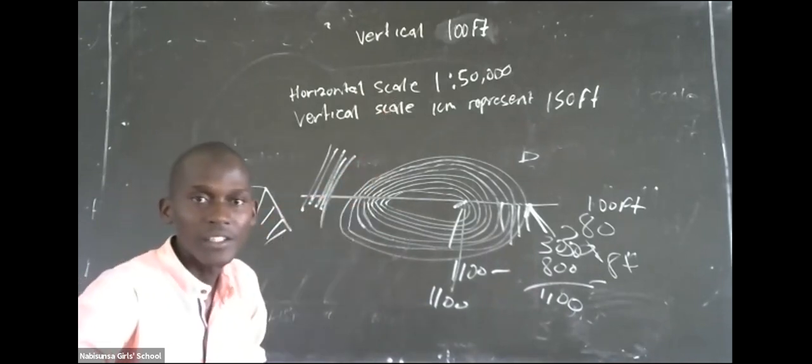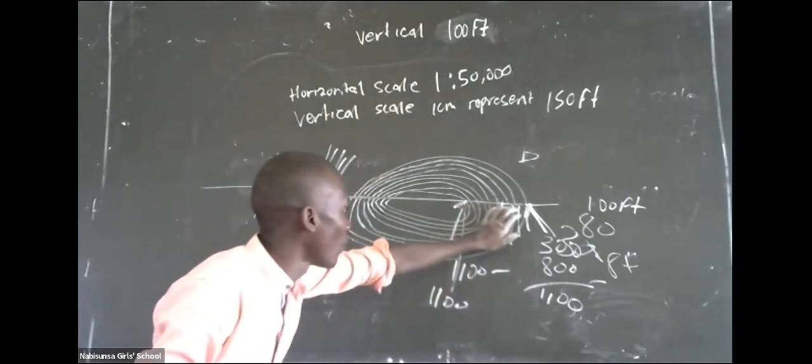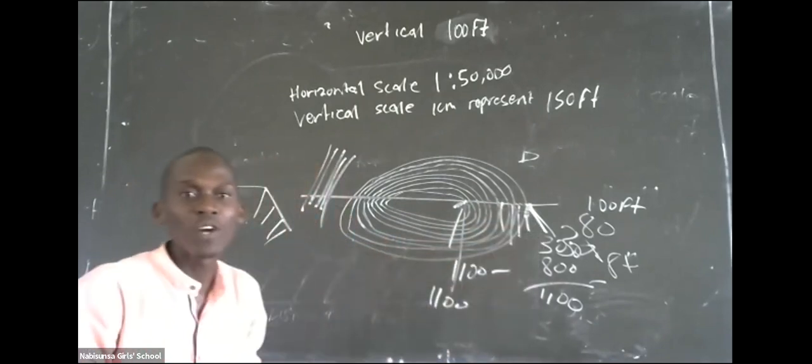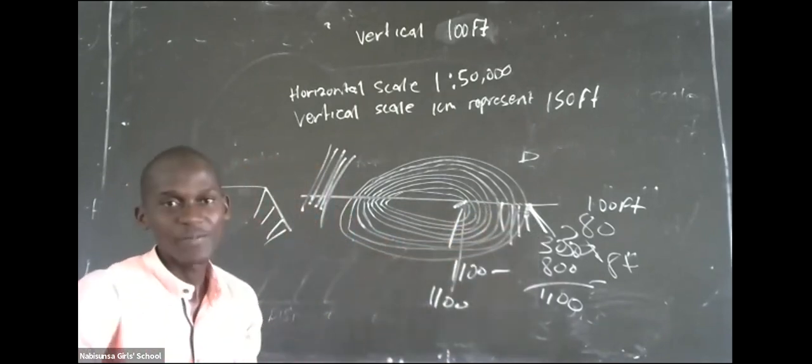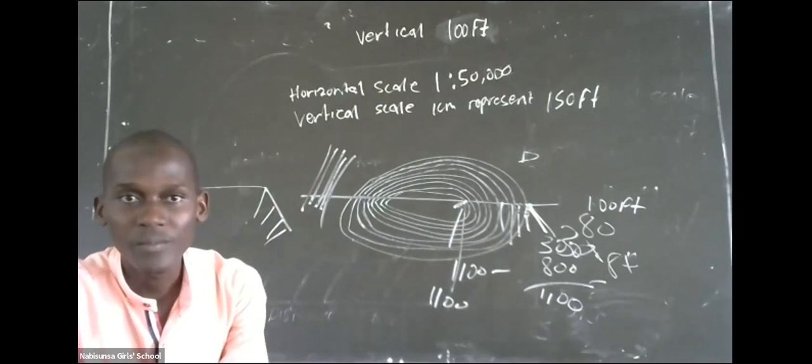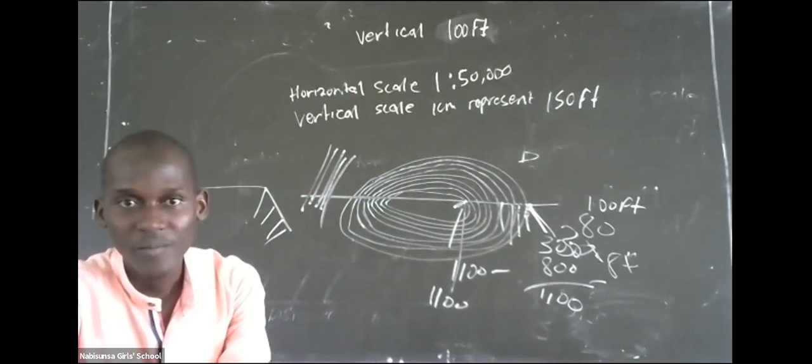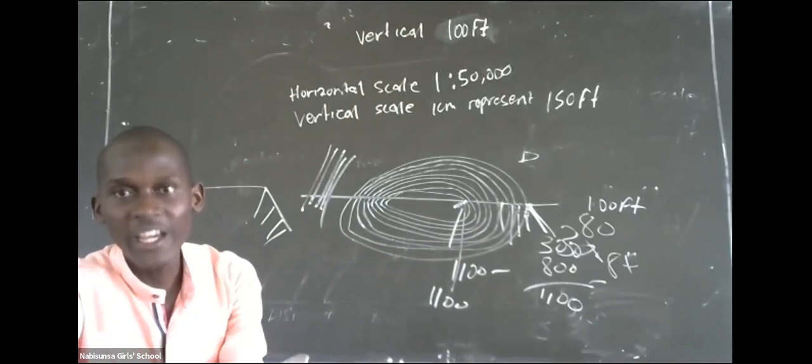Are you getting it? You just count how many there are to the last one. It's a shortcut. Either you draw it. But I think I have tried my level best to explain. Am I clear? Yes, teacher.